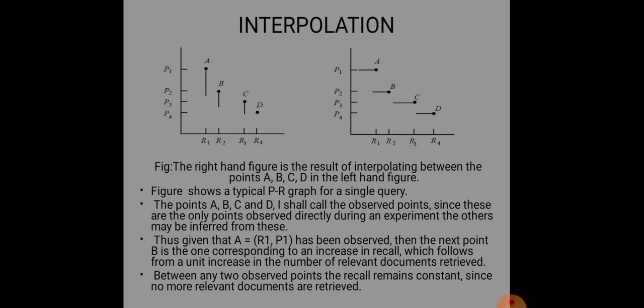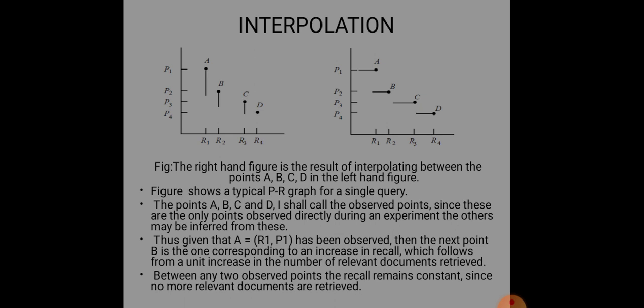Here the points A, B, C and D are called the observation points because these are the only points observed directly during an experiment. Then the in-between values, that is, what may be the value of recall in between A and B, all those values should be calculated using the method interpolation.